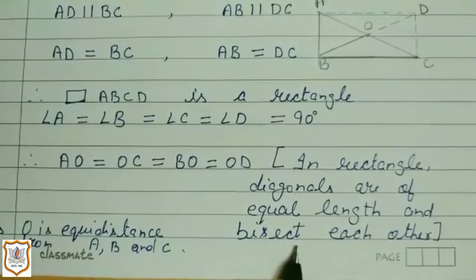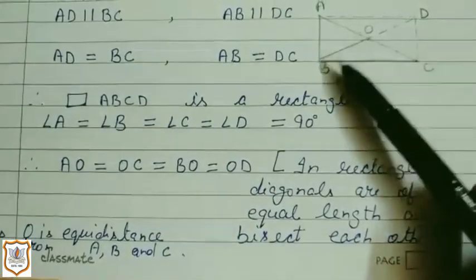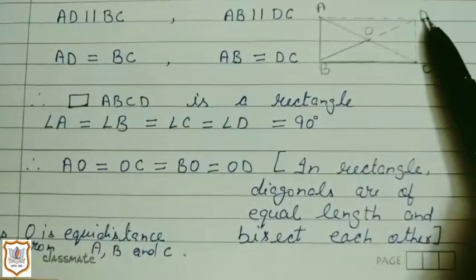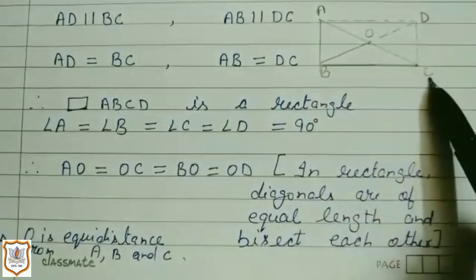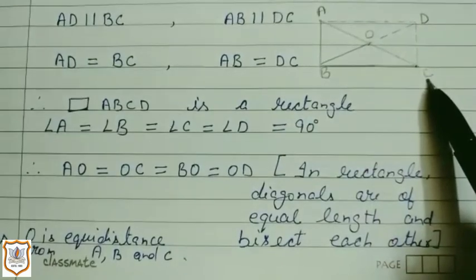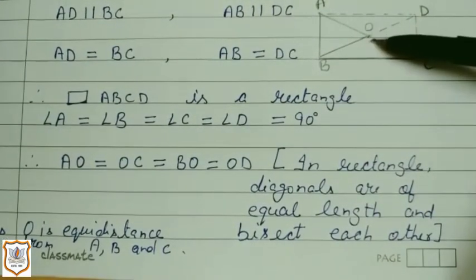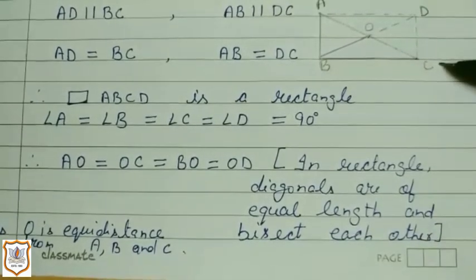Bisect each other means cut in half. So OB is equal to OD and OA is equal to OC. Clear? So O is equidistant from A, B and C.